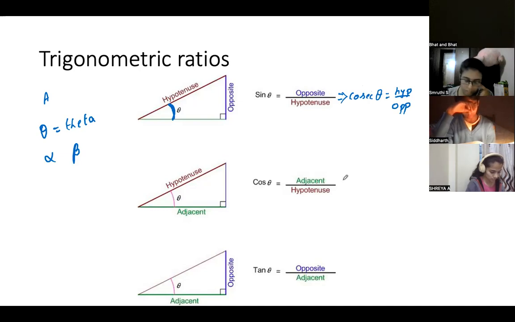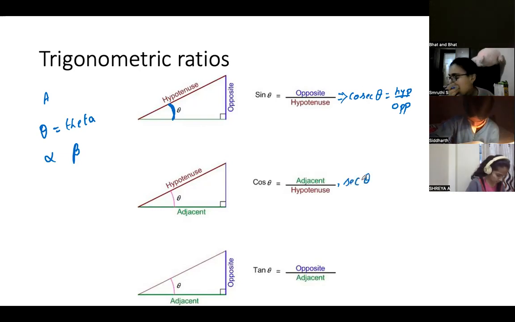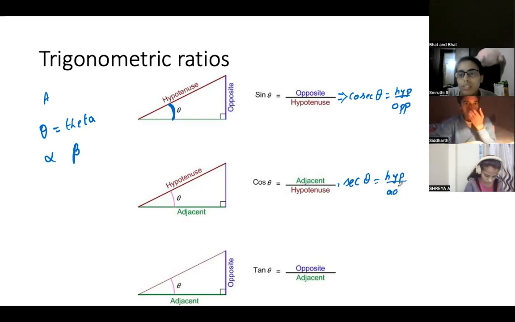And for cos, what is the reciprocal of cos? Secant. Yes, secant theta. So secant theta will be equal to hypotenuse by adjacent side, correct? And what will be the reciprocal of tan theta?